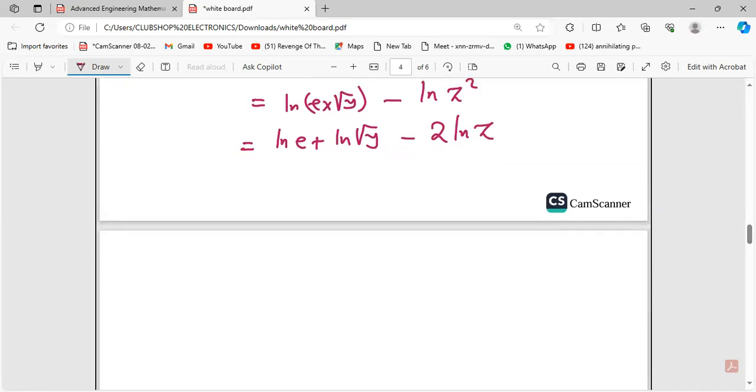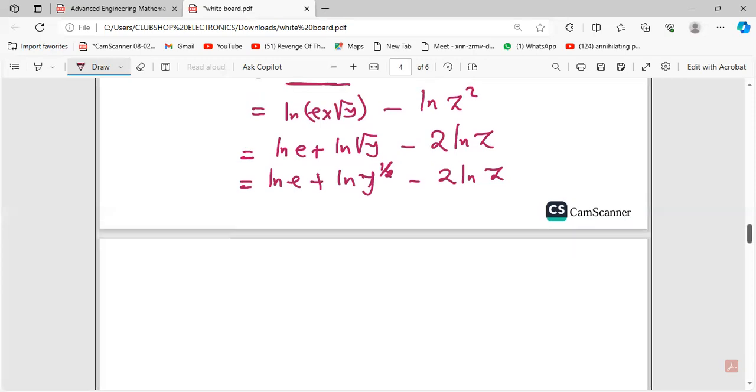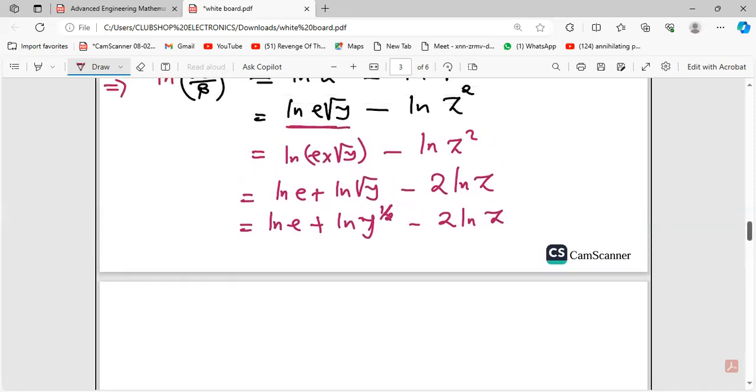Then this is equal to the natural log of e plus the natural log of the square root of y, which is the same as y to the power half, minus 2 natural log of z.